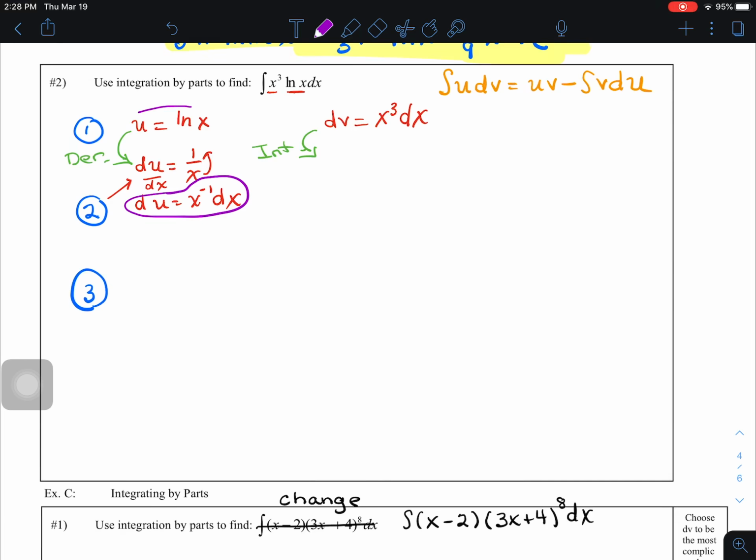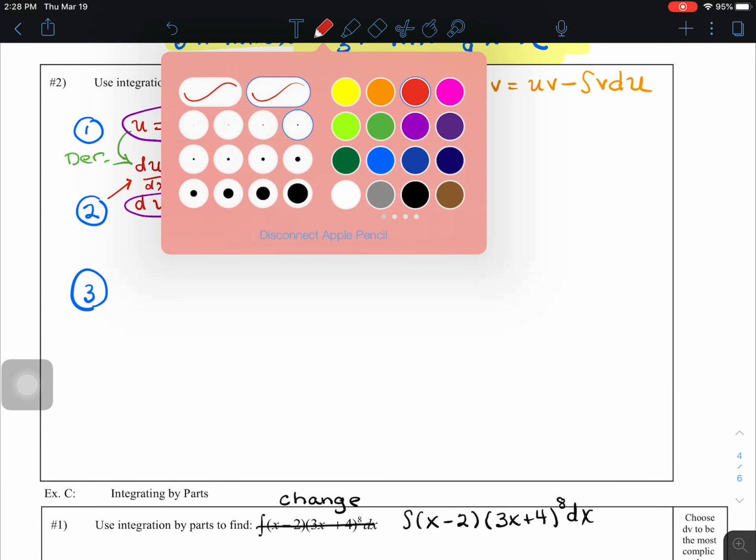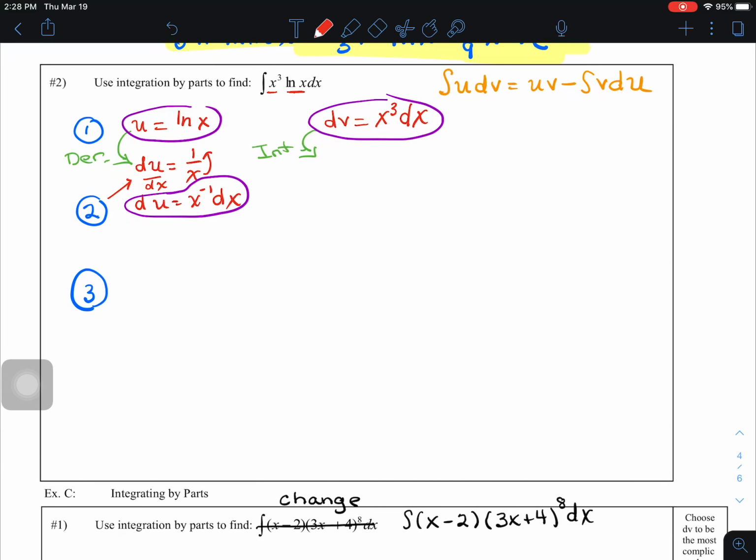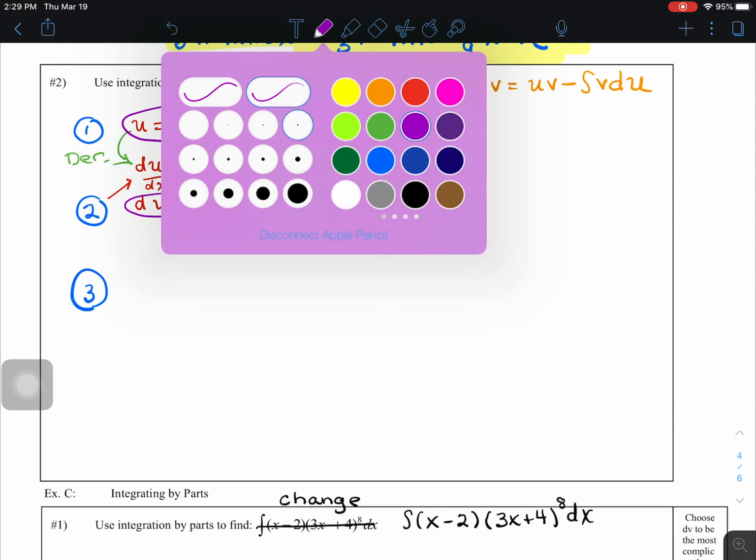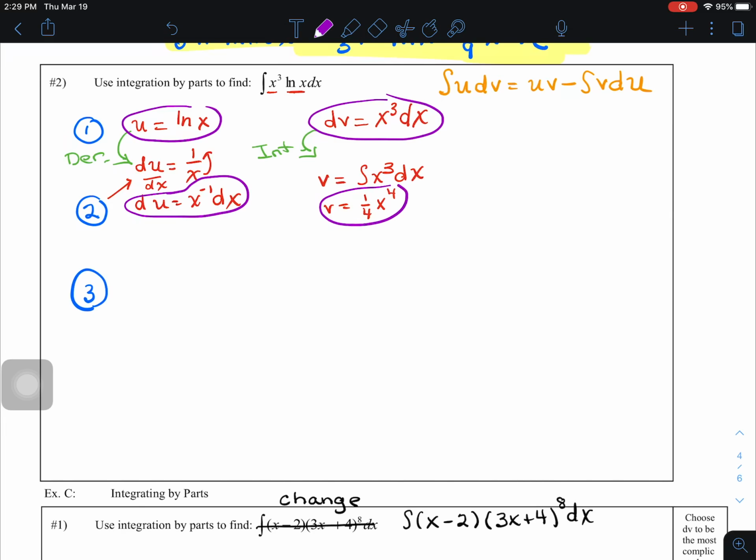So there's our du, here's our u, this was our dv, and then we're going to go back and we're going to be integrating dv, so that becomes v, and then we're going to integrate. Okay, so we're integrating both sides here. That gives us v, and then this is going to integrate to 1/4 x to the 4th, and that'll be v. Okay, and we're not going to put the plus c for the moment here.